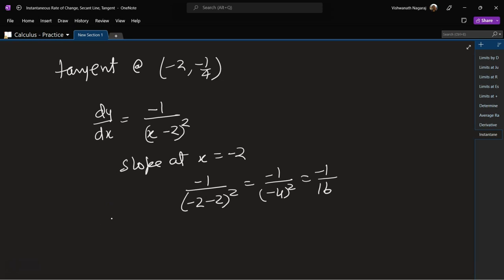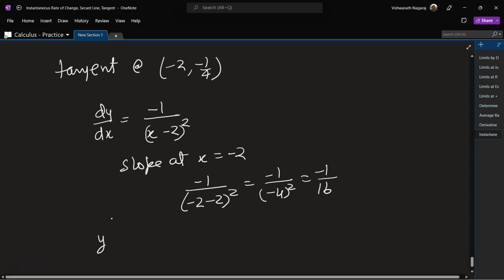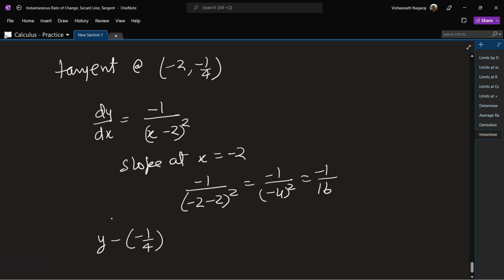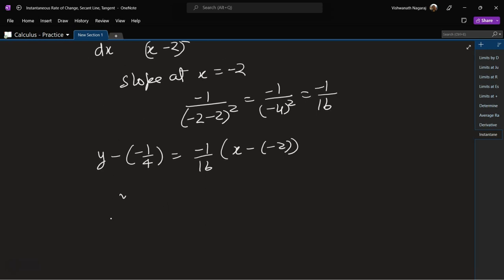So we have a point, we have the slope. So the tangent line equation would be y minus minus 1 by 4 is equal to the slope minus 1 by 16 times x minus minus 2. So y plus 1 by 4 is equal to minus 1 by 16 x minus 2 by 16. Let's leave it as 16 in the denominator, let's not do cancellation.